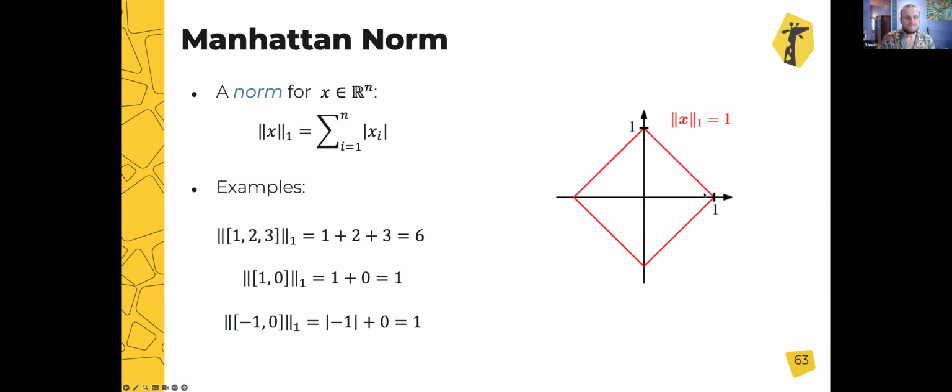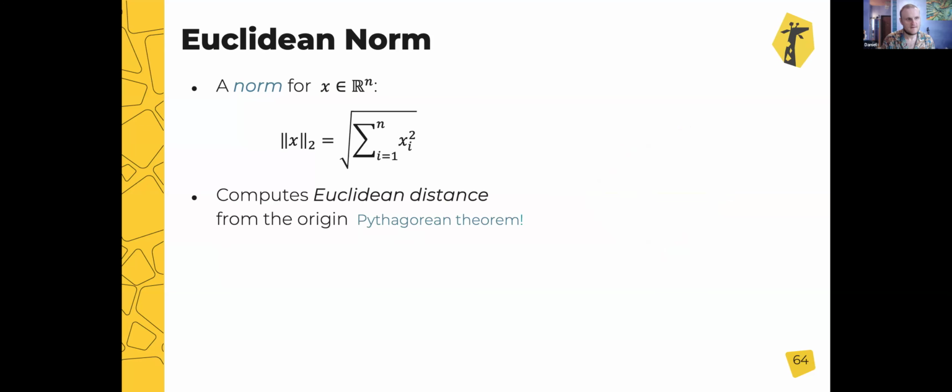So all the vectors that have the same length, 1, are depicted here by the red color, right? So this is how we can assign a norm to a vector this way.